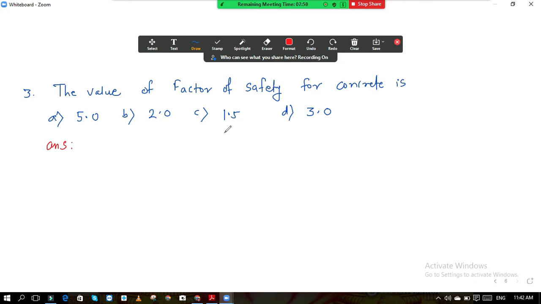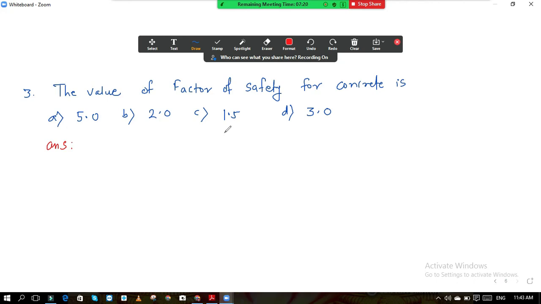But if in the question they ask you the partial safety factor for concrete, if the word partial comes over there, then your answer must be 1.5. Clear? Remember this, it is important. If they ask partial factor of safety, then it comes under LSM and your answer must be 1.5. And if they ask you factor of safety only, then your answer is 3.0.